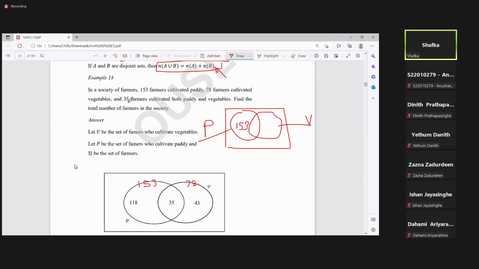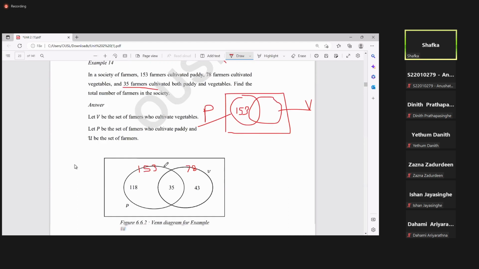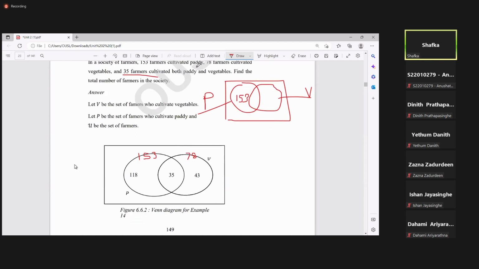Now there's another one, 35 farmers cultivated both paddy and vegetables. Therefore that should be the intersection. Okay, the intersection represents 35 farmers. After that only you can identify these numbers. How to get these numbers? 153 minus 35 equals 118. 78 minus 35 equals 43.